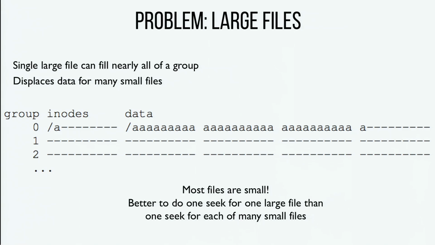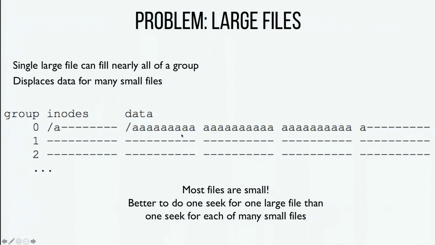So with this one large file, think of it as, you access 1 megabyte, and then you do a seek, and you go to another cylinder group, and you access another megabyte, and then you do another seek, and you go to another group, and you access 1 megabyte. So you get to do a whole megabyte's worth of reading sequentially with just one seek in between each of those for that large file. So you're still going to amortize the cost of that seek over a pretty large file. That's not too bad.